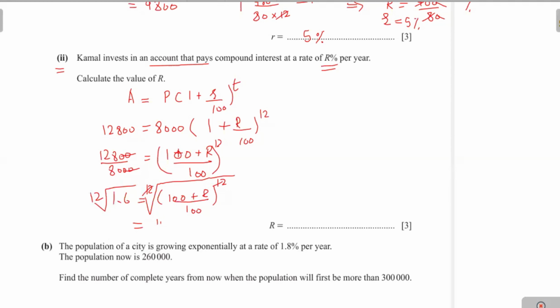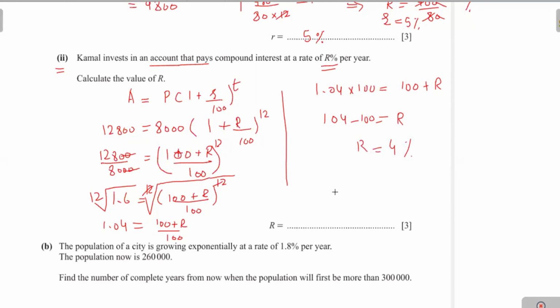Therefore, we can write (100 plus R) over 100 equal to the 12th root of 1.6, and this value is equal to 1.04. We write 1.04 into 100 equal to 100 plus r, so 104 minus 100 equal to r. This will be equal to 4%, which is the compound interest rate.